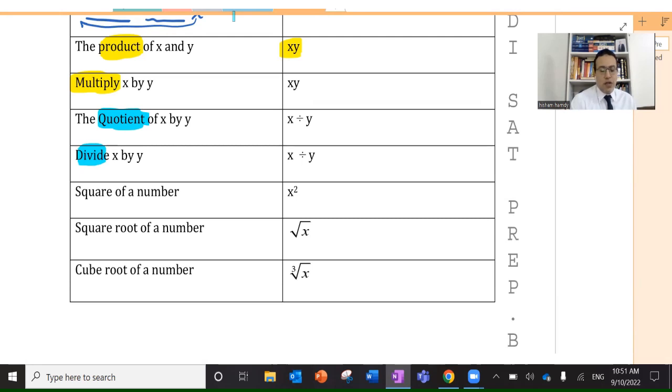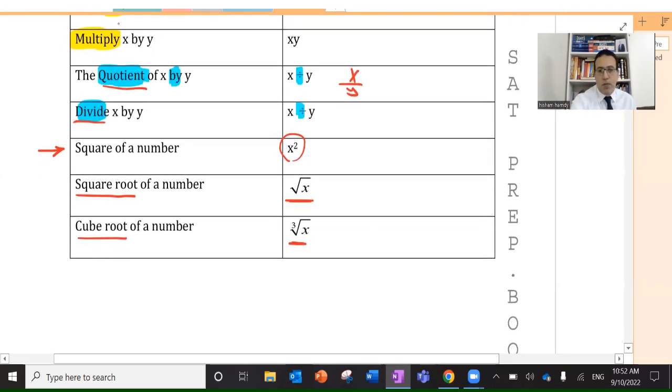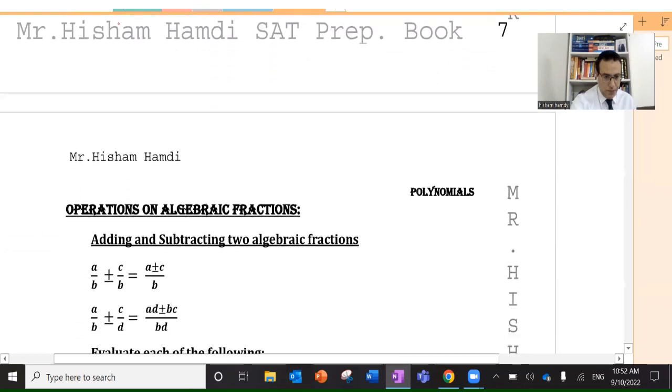Divide x by y, so it's x divided by y, and we can rewrite it as x over y. So quotient is the same as divide. Finally, square of a number is x squared, but square root is root of x. Cube root is the cubic root of x. This is how we change from algebraic words to algebraic expressions using division, multiplication, addition, or subtraction.